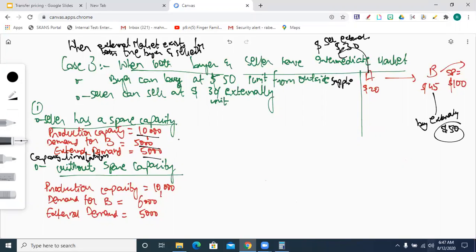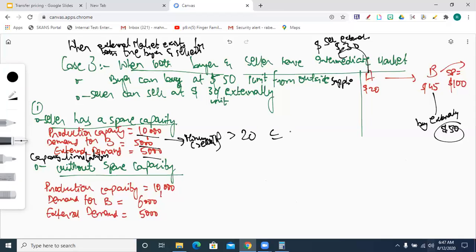So here, the minimum transfer price set by the seller, the minimum at which the seller would be ready to sell the goods to B, would be more than the marginal cost of 20. If it were less than 20, he'd be at a disadvantage. If it is equal to 20, he's still at a disadvantage, as there's no profit. So the minimum transfer price set by the seller in this scenario would be greater than 20.